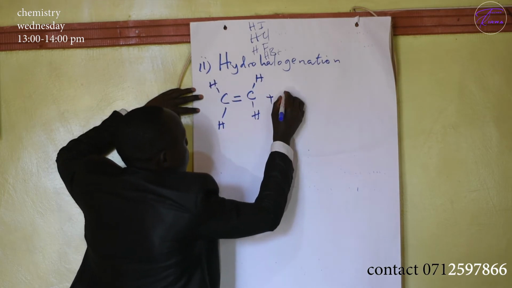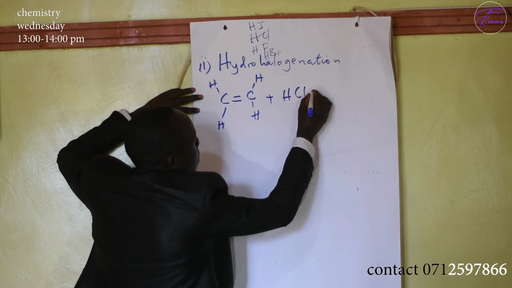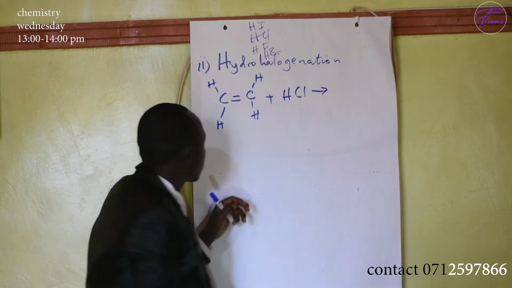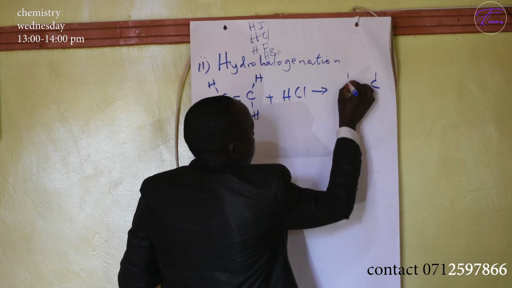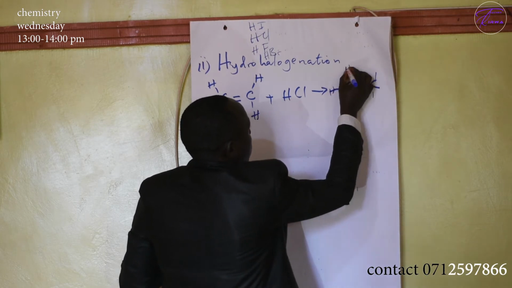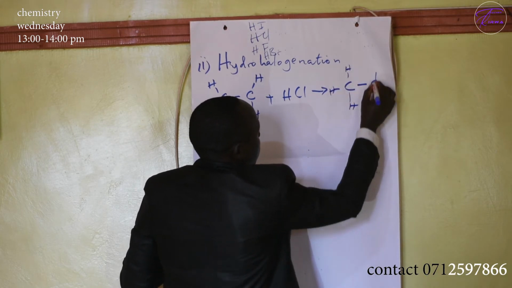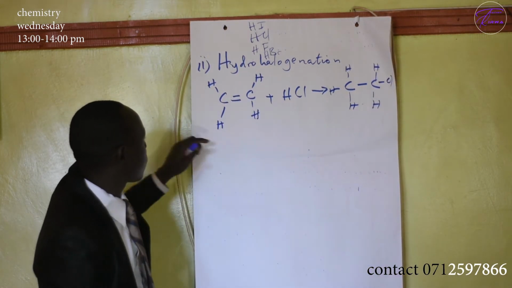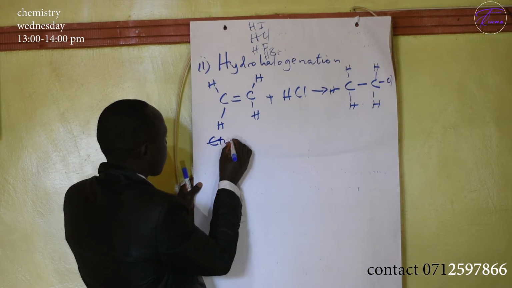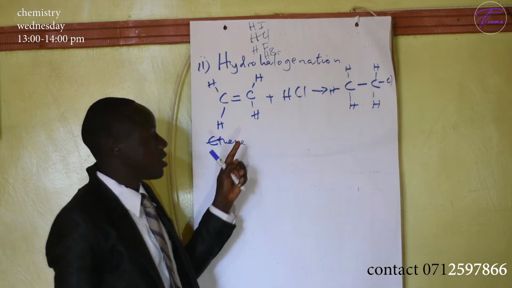And then you add hydrogen chloride. This forms a compound with a chlorine there.